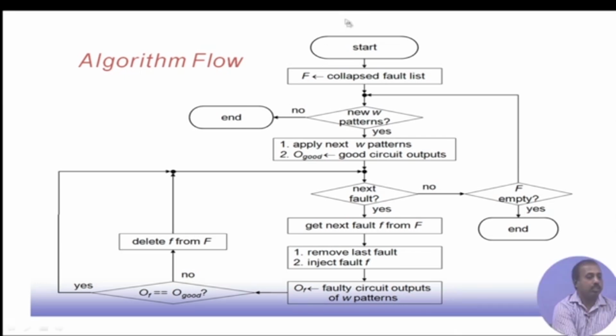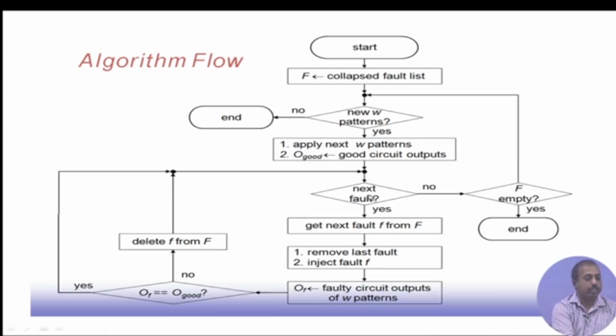We start with the collapsed fault list. As soon as we get new W patterns from the test set, we apply the next W patterns, and O good is the good circuit output. This is basically the fault-free simulation. Now, for these W patterns, we simulate each of the faults.